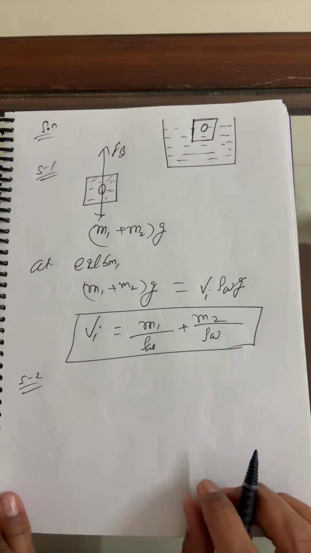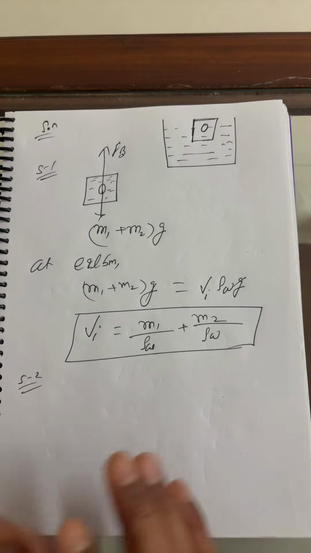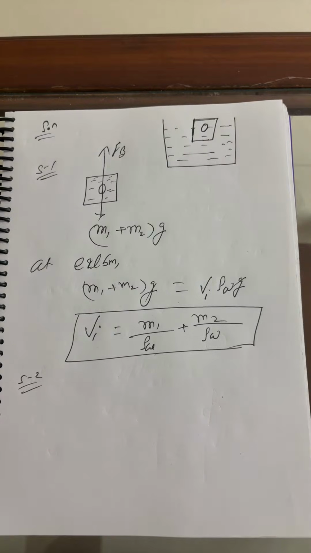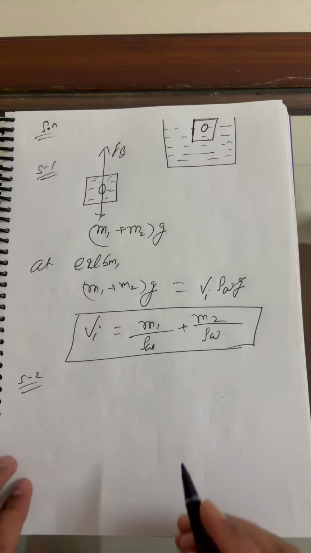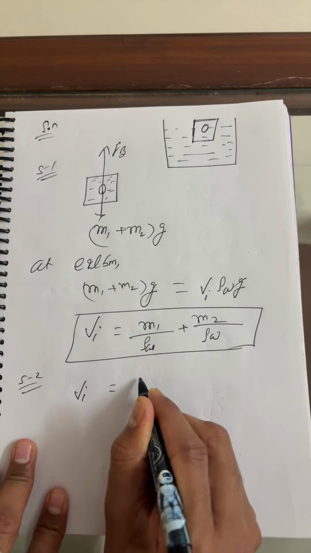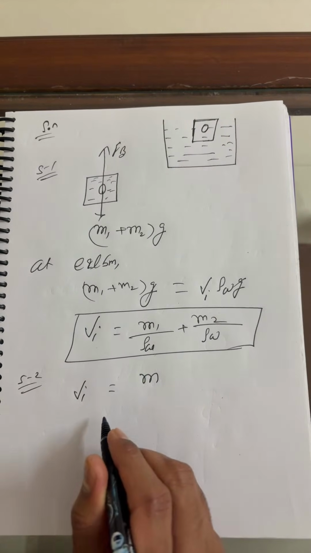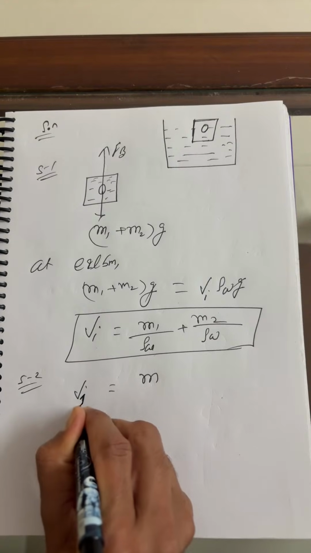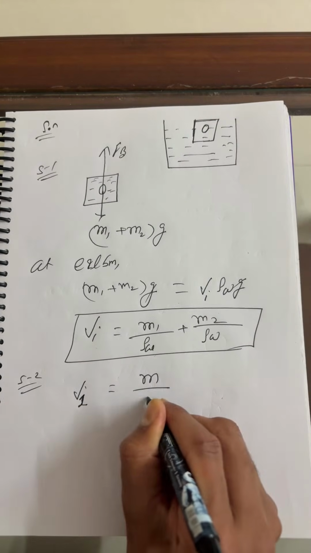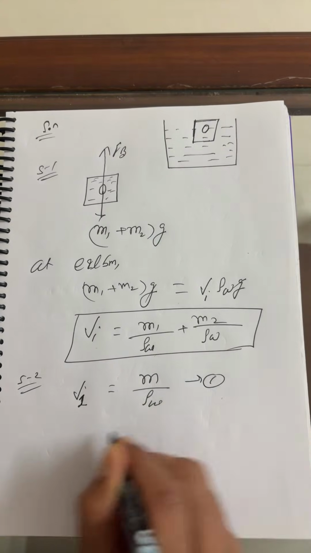For this condition, I'm considering that ice is completely converted into water. For the volume submerged, you can write V1 equals mass upon density of water, let us suppose equation number 1.